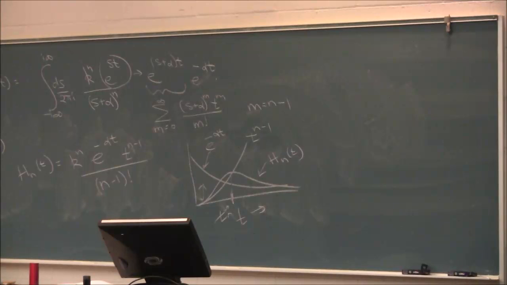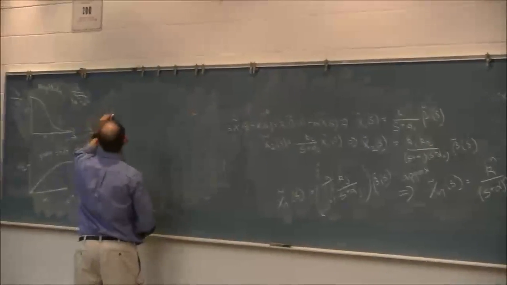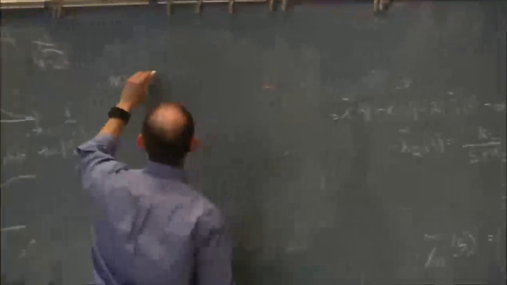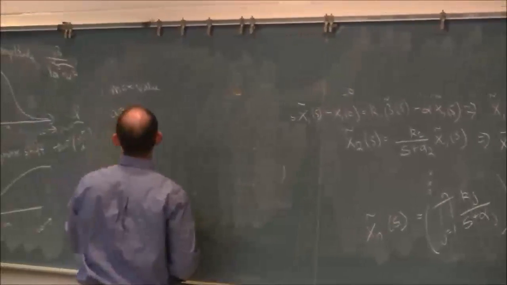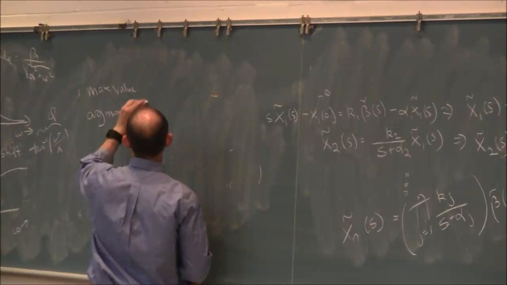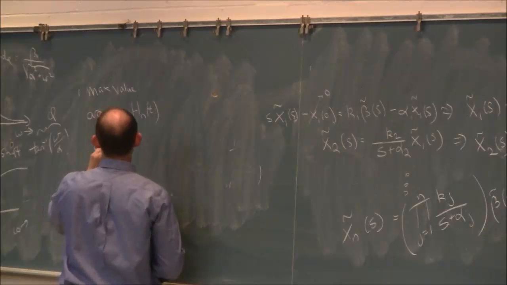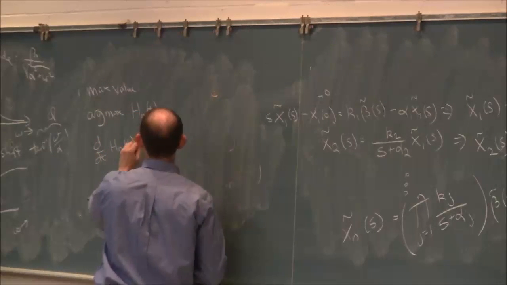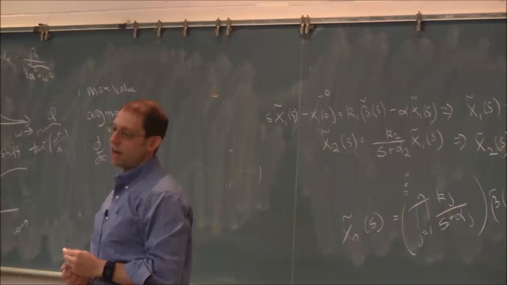When does it have its maximum? So the maximum value, that's the argmax of Hn of t. So what we want is that ddt of Hn of t is equal to 0. And usually it's easier to do these things on a log scale.